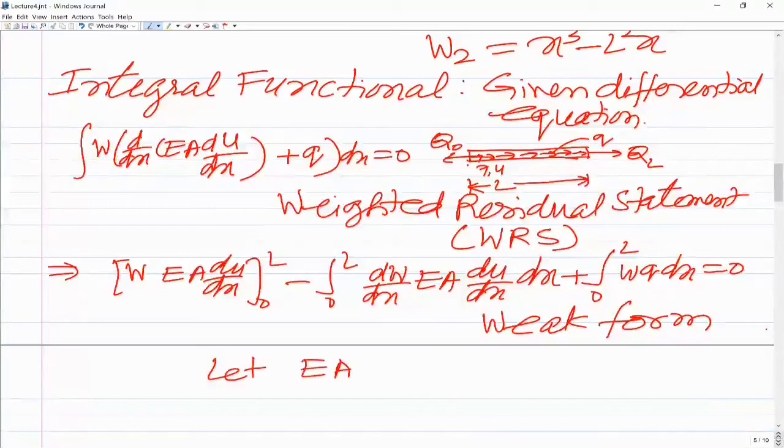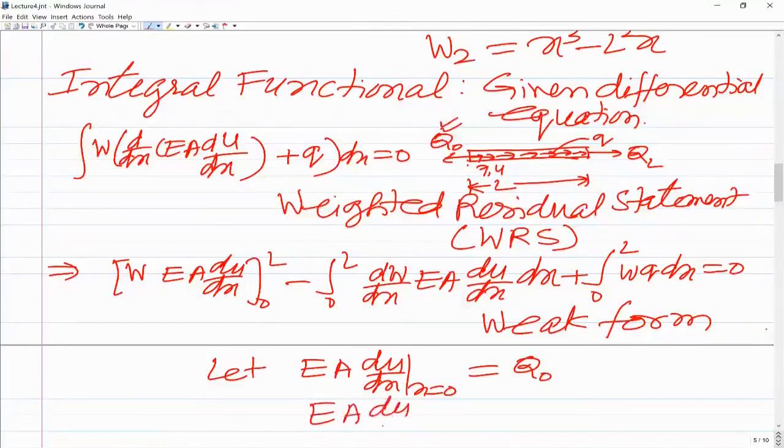When you multiply by cross sectional area, it gives you axial force. So EA into du by dx is nothing but this force Q0. And EA into du by dx is a secondary variable, for which I am using the notation Q0 and QL. So let us say this is QL.